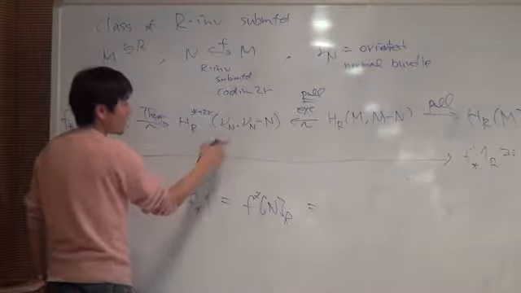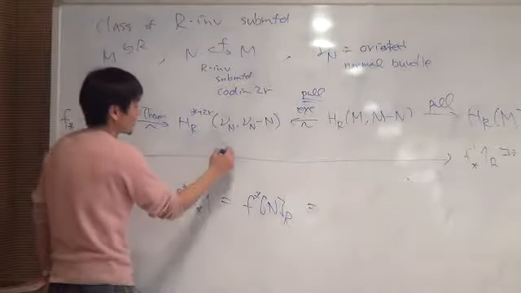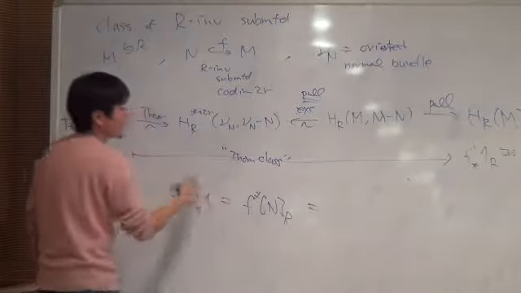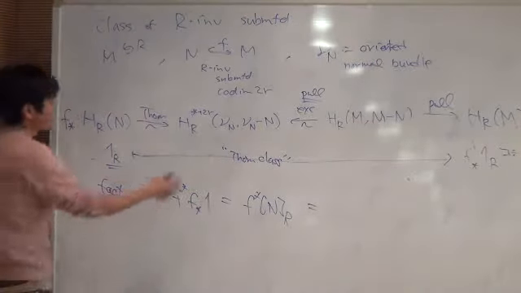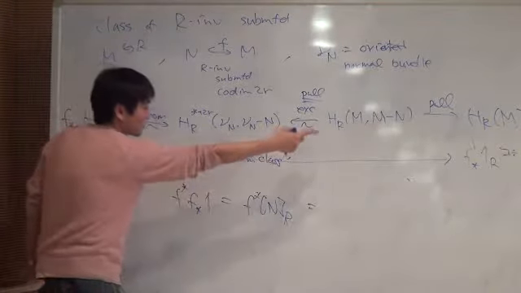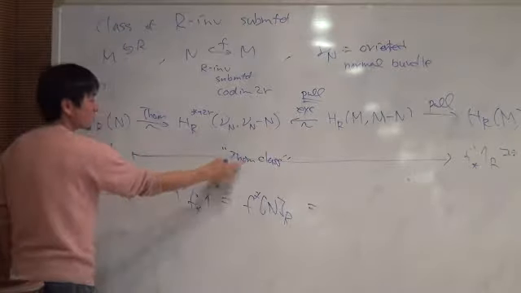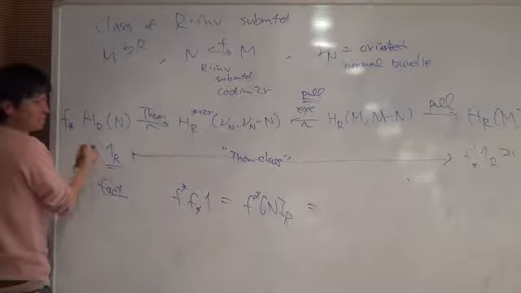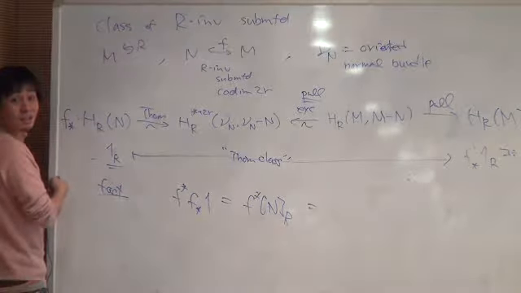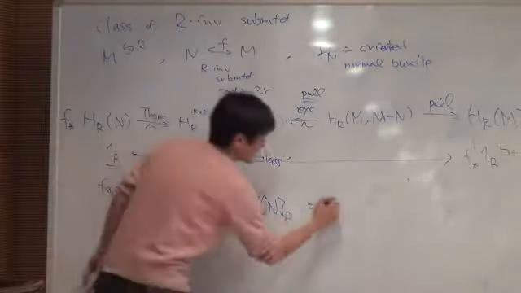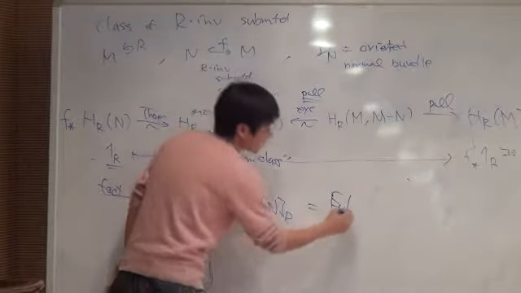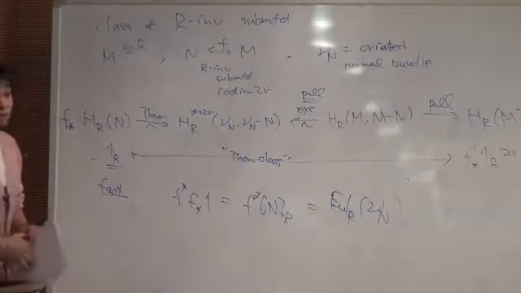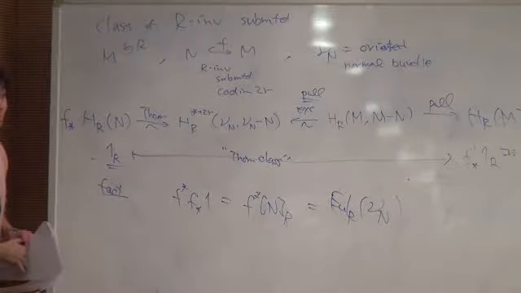And if you pull back over here, it's going to be a Thom class. The Thom class actually sits in here, and it defines the Euler class, right? So if you pull back that class over here, it's going to be a Thom class, and the Thom class you pull back by the Thom isomorphism gives you the Euler class. Yes? So in this case, I'm doing this equivariantly, so this is the equivariant Euler class of the normal bundle. Okay?